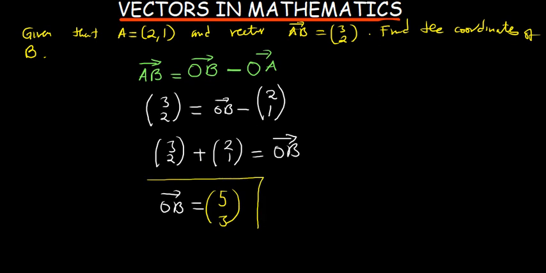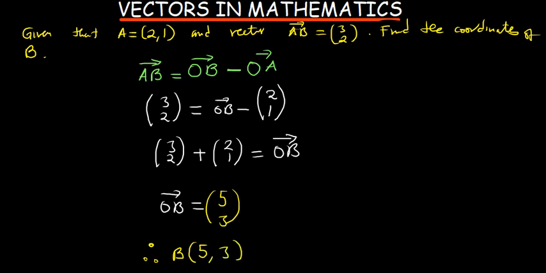If the question was saying find the vector OB, then you are going to leave this as the answer. But since the question was saying find the coordinates of B, a coordinate is written as x comma y, so we're going to say therefore the coordinate of B is going to be 5 comma 3, like this.